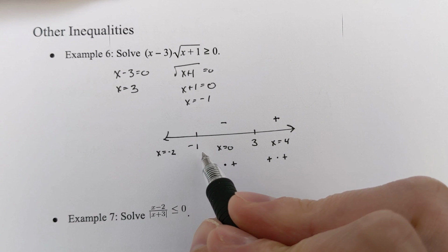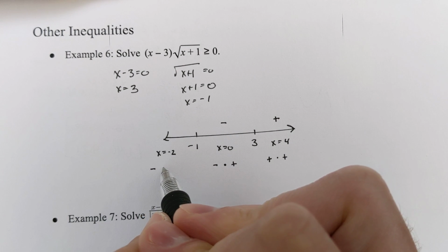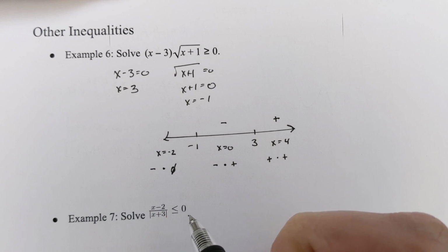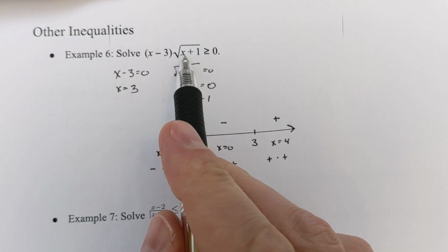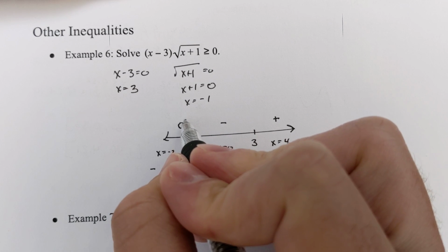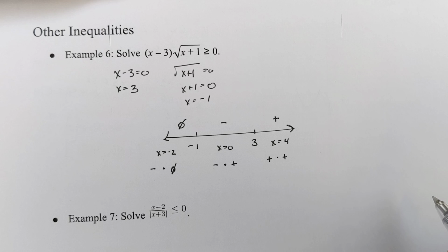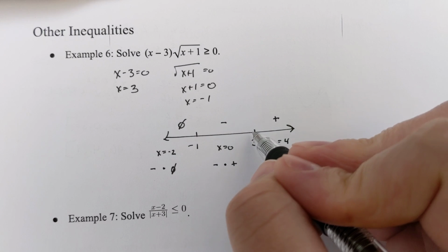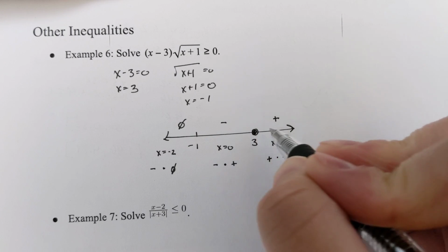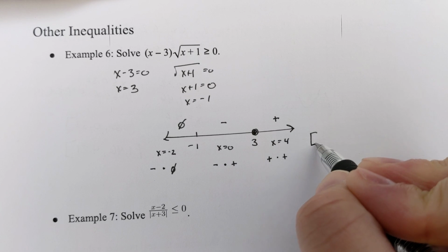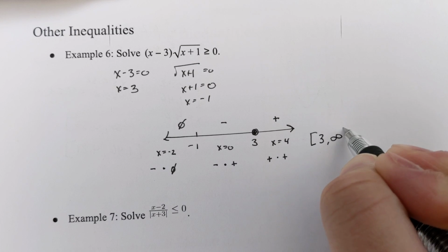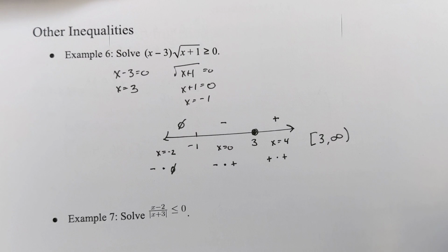And when x is -2, I get a negative number times an undefined value. If I plug -2 in, I get the square root of -1, which is not allowed. So this graph actually doesn't exist over here. If I want it greater than or equal to 0, well, 3 was a 0, so I can count it. So anything more than or equal to 3 would be my solution.